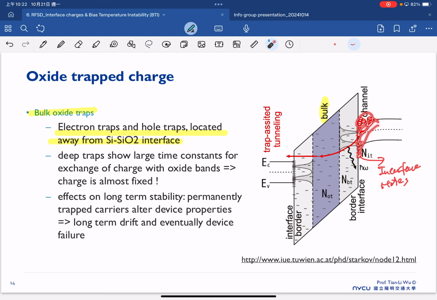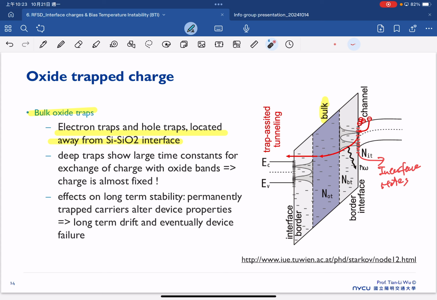But once we start scaling our dielectric from 50 nanometer down to 5 nanometer and beyond, if you look at the same operation voltage, your electric field is actually increased 10 times.